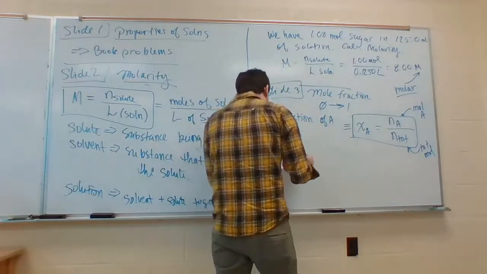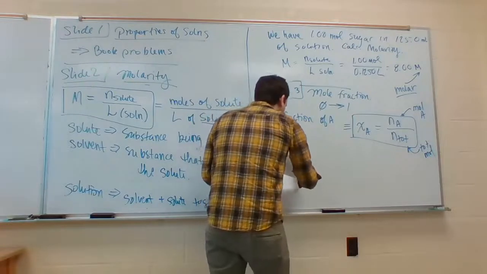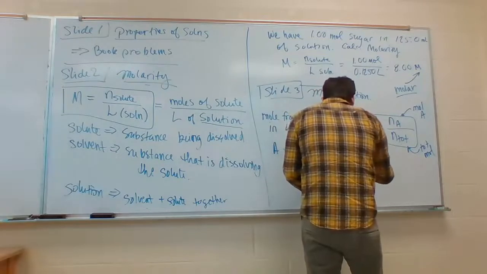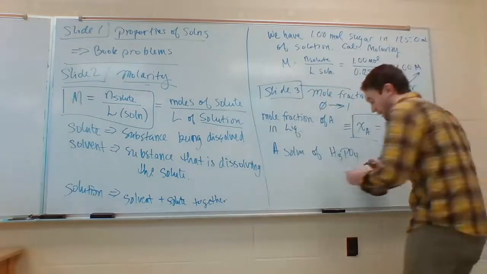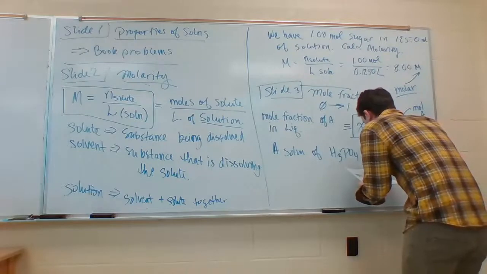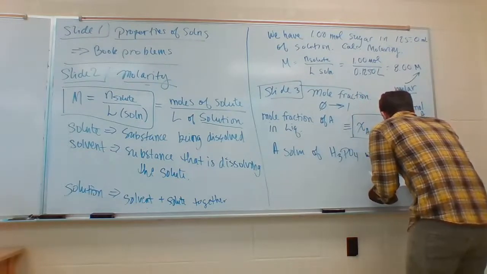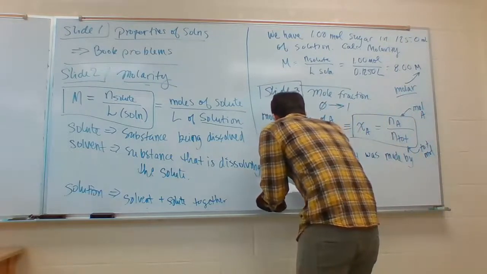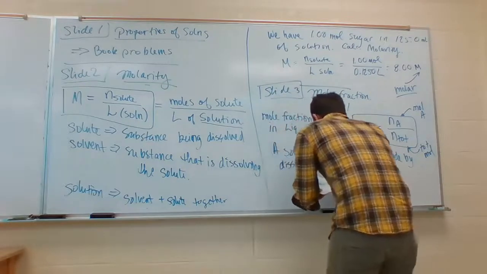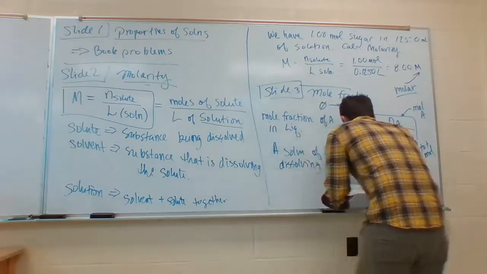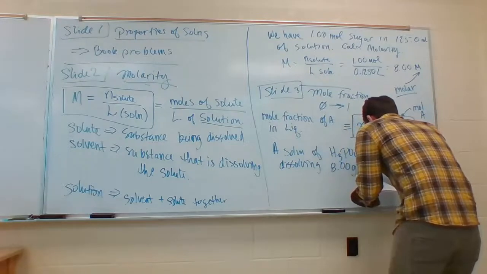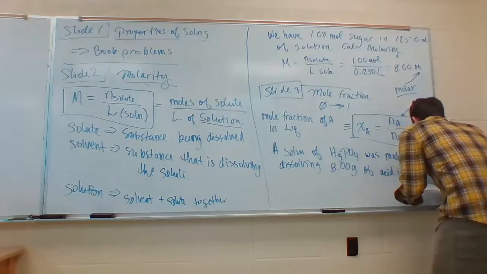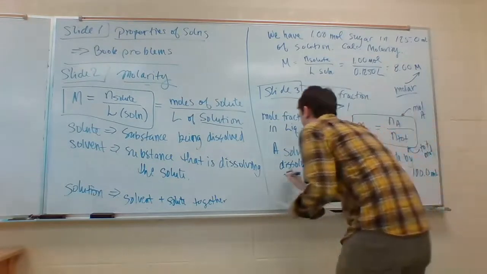Now, let's say that we have a solution of H3PO4, right? That's phosphoric acid. Solution of phosphoric acid that was made by dissolving 8.00 grams of acid in 100 milliliters of water.